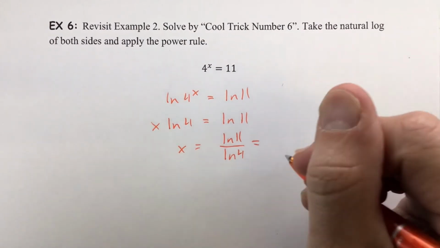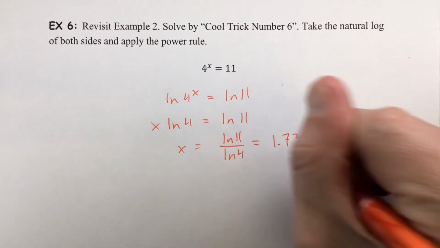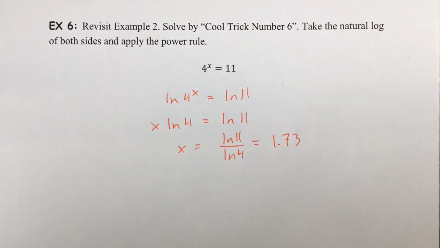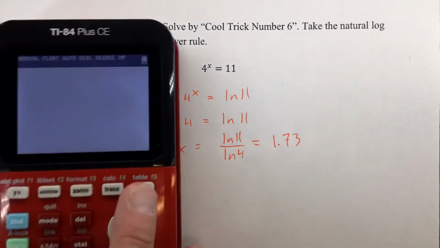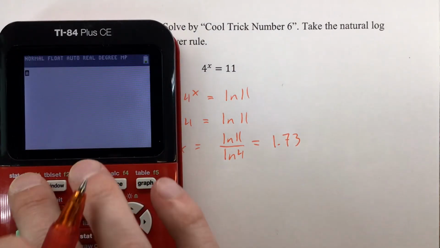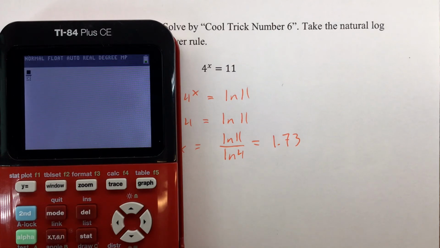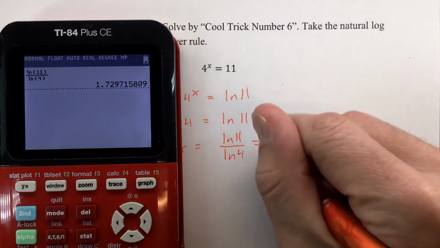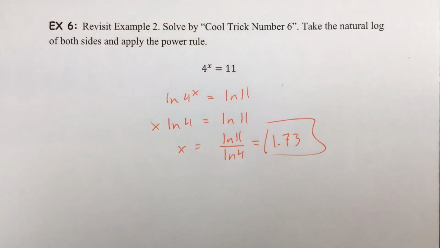And believe it or not, this is going to be 1.73. And there you go. Cool trick number 6.